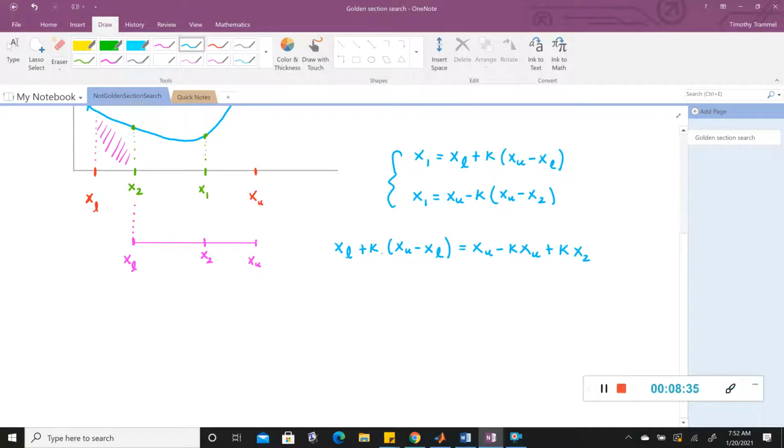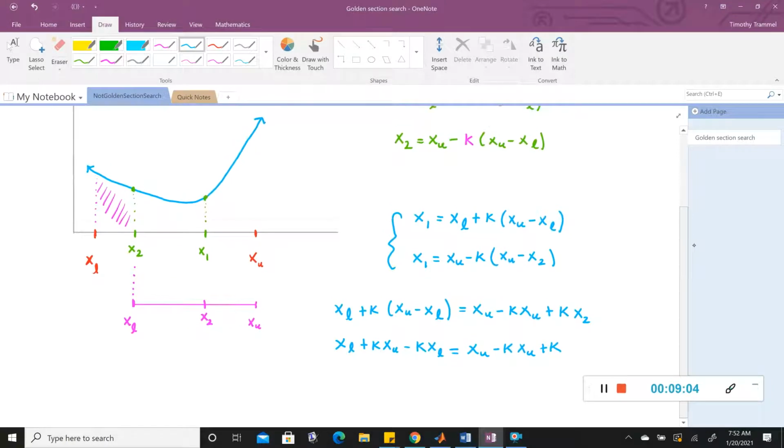While we're at it, let's also distribute this k through, and then we'll make that replacement for x2 in a second. So we have x lower plus k times x upper minus k times x lower is equal to x upper minus k times x upper, and then plus k times x2.